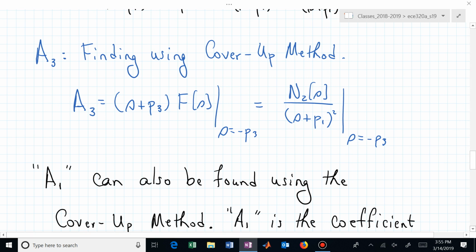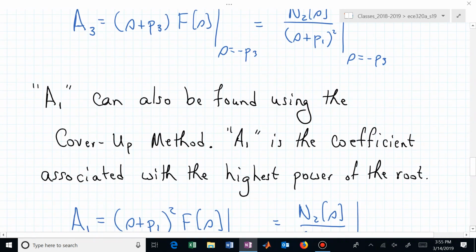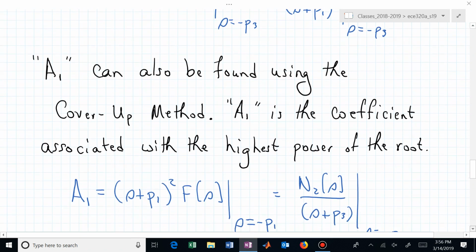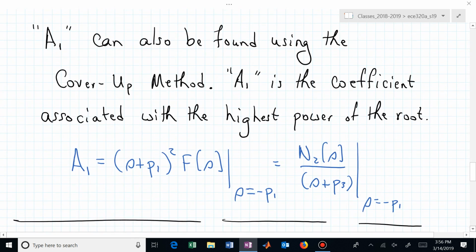A1, which was the partial fraction expansion coefficient over the highest power of that factor, we can also find using the cover-up method. We multiply all terms by s plus p sub 1 squared.